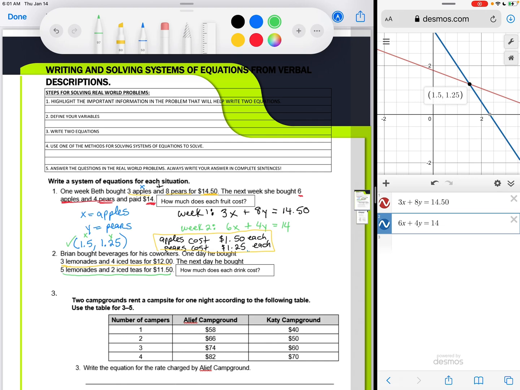All right, so we have that information, we highlighted it, and now that question is going to help us define our variables. So let's let X be the first type of drink, which is lemonade. And maybe we should actually say the cost of lemonade. All right, and Y is going to be the cost of iced tea.